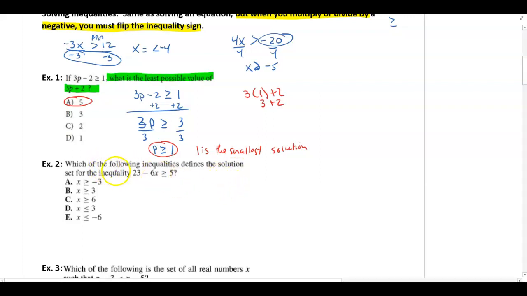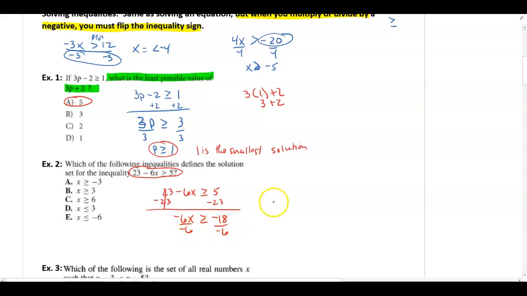The next one: which of the following inequalities defines the solution set for the inequality 23 minus 6x is greater than or equal to 5? First step, always get rid of things by addition or subtraction first. Negative 6x is greater than or equal to negative 18. Now I can divide by negative 6.